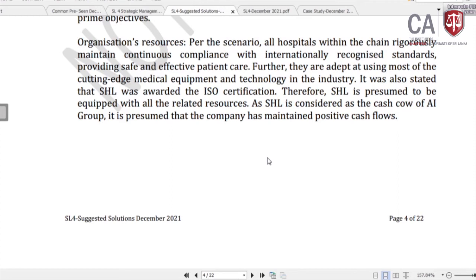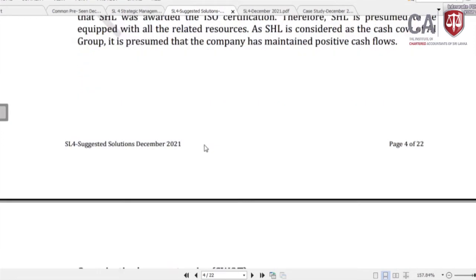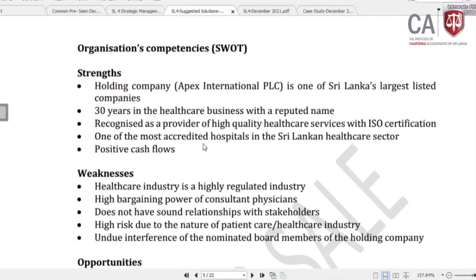Further, they are adept at using most of the cutting edge medical equipment technology in the industry. They have that particular resources. It was also stated that SHL was awarded the ISO certification. Therefore, SHL is presumed to be equipped with all related resources, as SHL is considered the cash cow of the PI group. We presume that the company has maintained positive cash flow. They have the required cash flows. The test has been done.